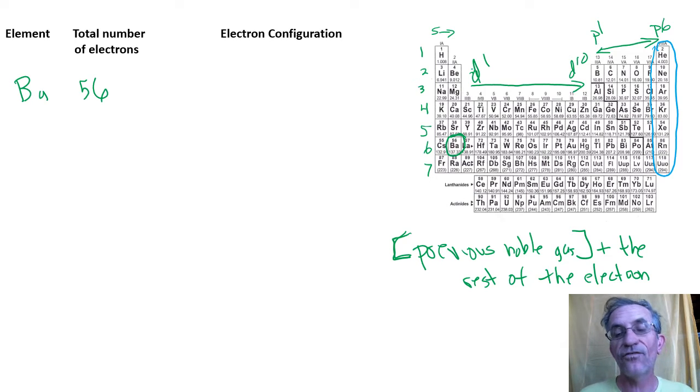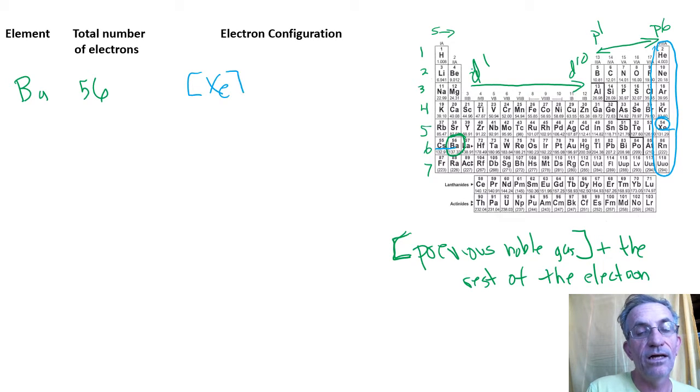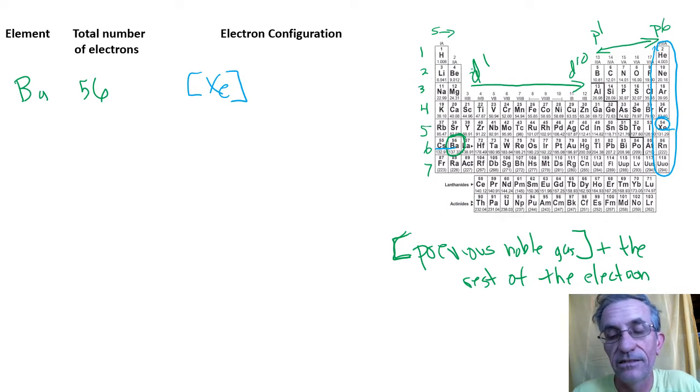For example, for barium, you can't go forward, you've got to go backwards. I'm going to find the previous noble gas. So 56, 55, the previous noble gas is xenon, which is element 54. So instead of writing out the first 54 electrons, 1s2, 2s2, 3s2, 3p6, I'm just going to say barium is xenon, and then I'm going to add on any more electrons that barium has.